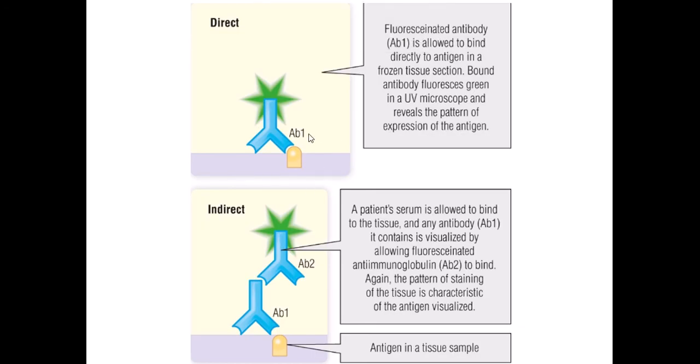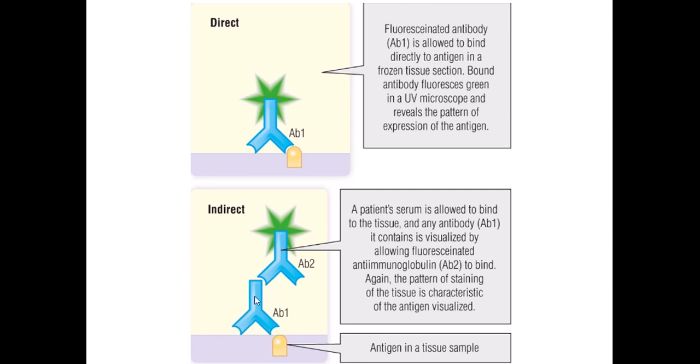This is a sketch showing the antiglobulin test, the direct and the indirect immunofluorescence, where you have an antibody that is bound to an antigen, and the antibody is the one that is having the immunofluorescence, so it will fluoresce if the antibody is fluorescinated.